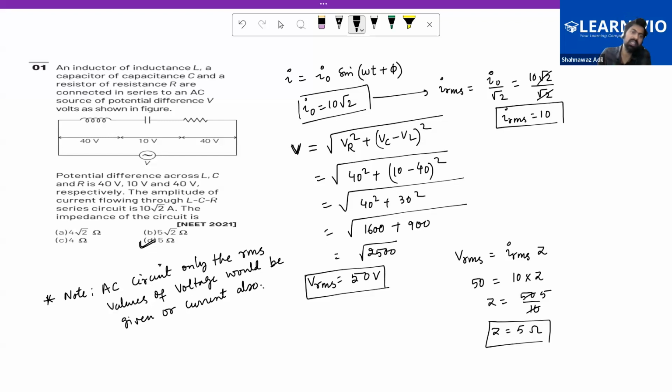But in here it was written that the amplitude of the current. So this is the amplitude, right? Okay, so whenever you guys have noted it down, please tell me and then we'll repeat the question.